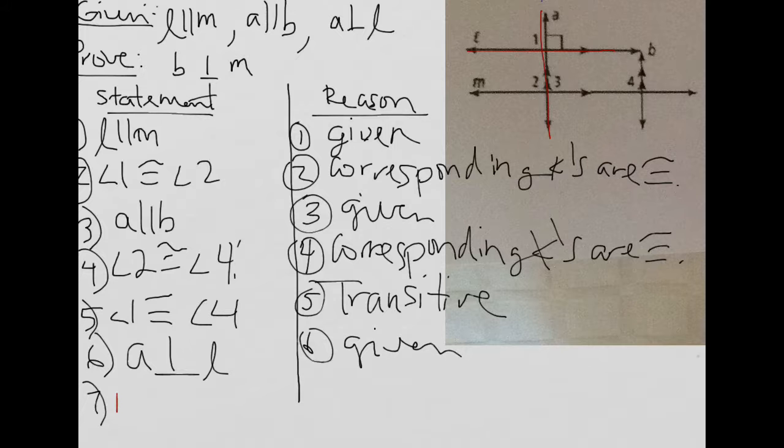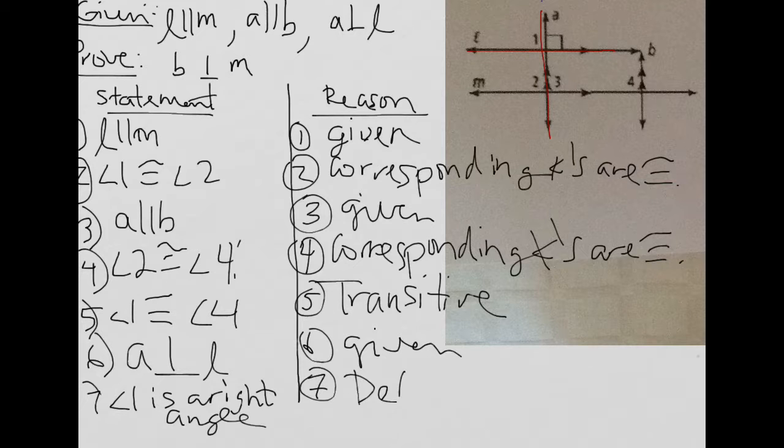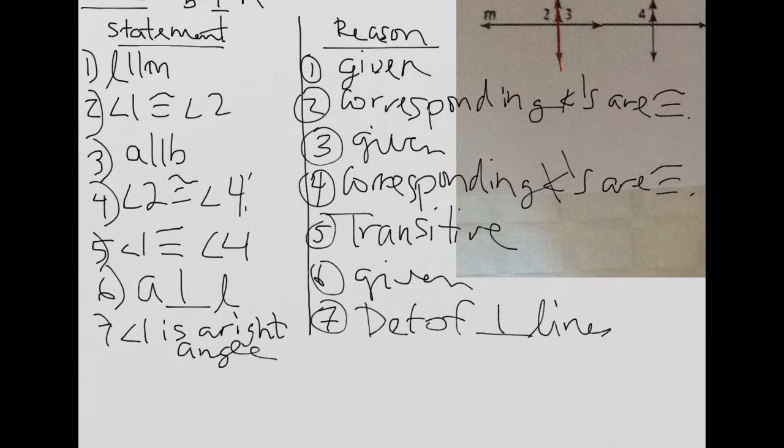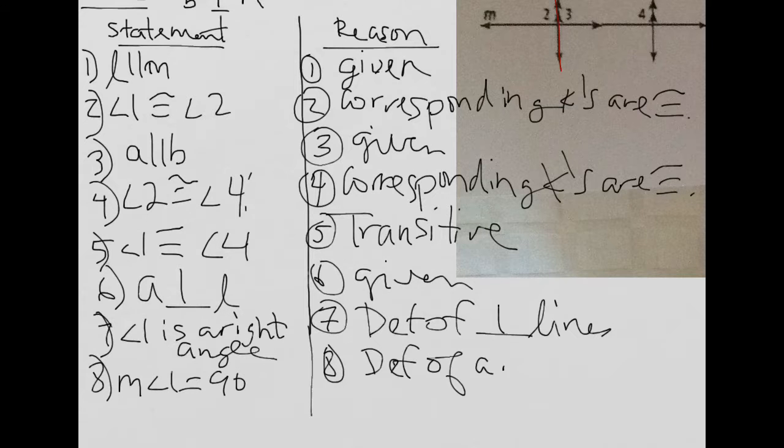So I'm going to say that angle 1 is a right angle. That's definition of perpendicular lines. And then number 8, I'll say the measure of angle 1 is 90 degrees. Definition of a right angle.